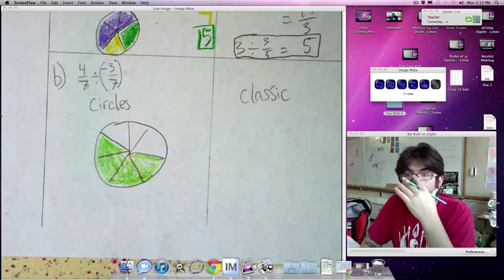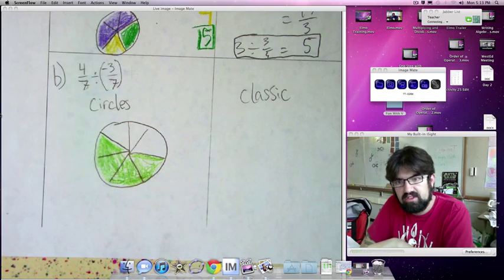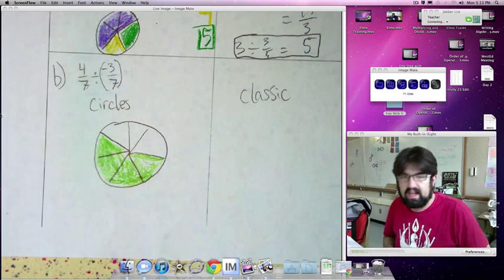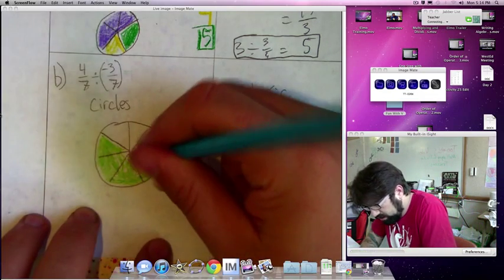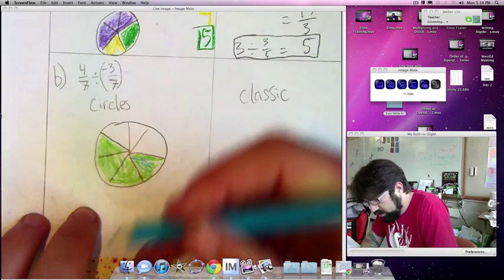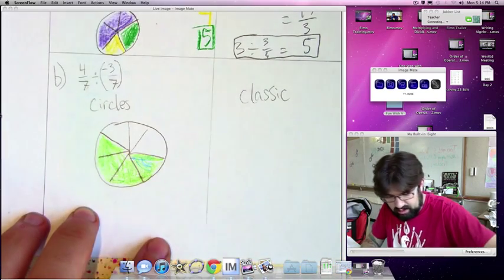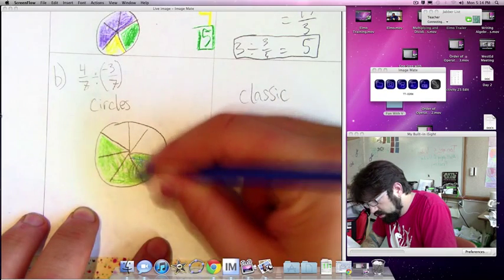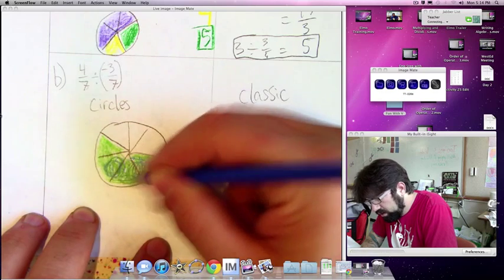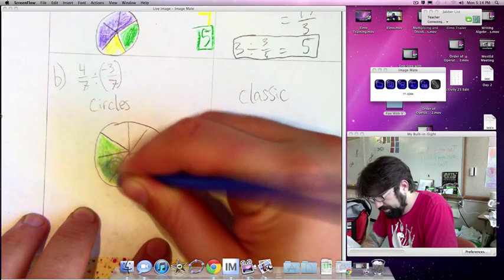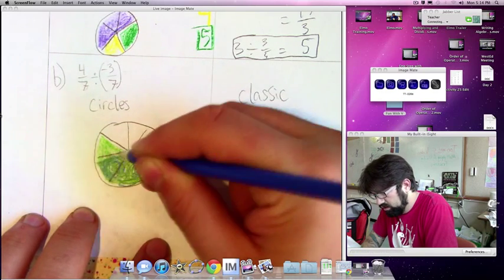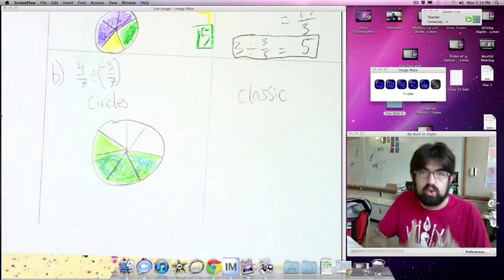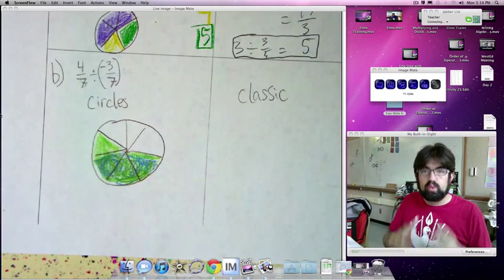So I'm thinking, how many groups of 3 over 7 can I make? Well, here's one group. I'm going to go with the darker blue. So there's one group right there, because I need 3 to make one group.